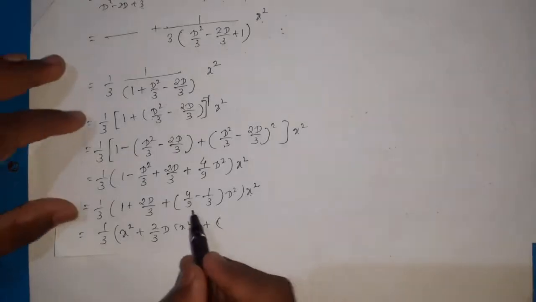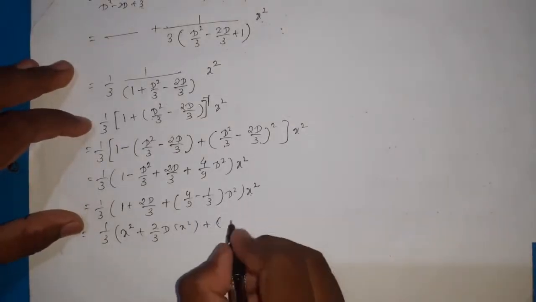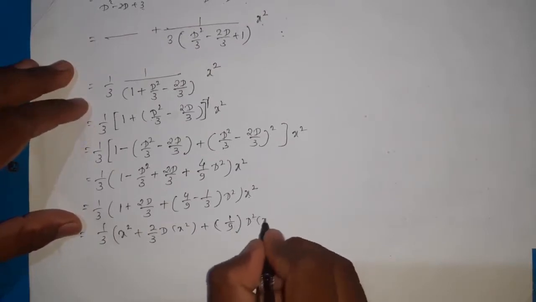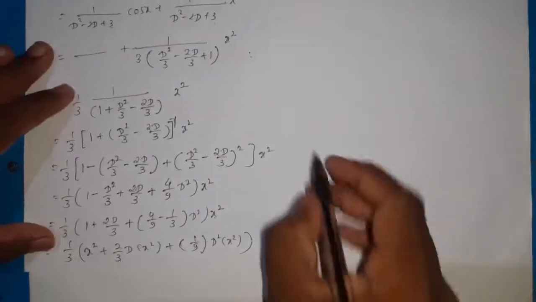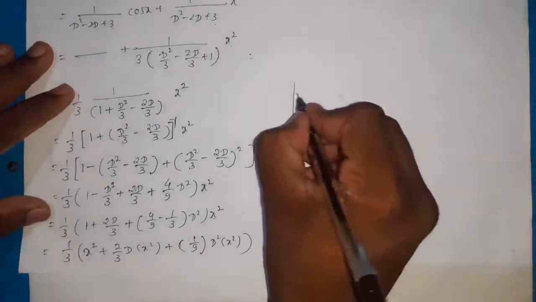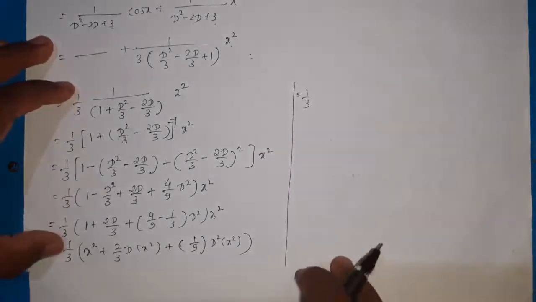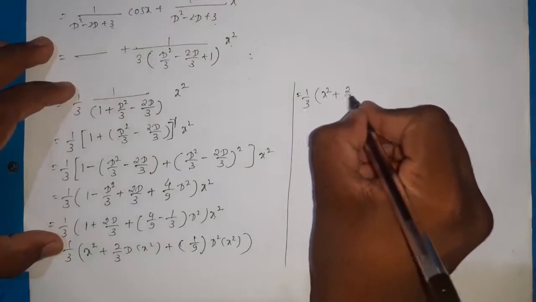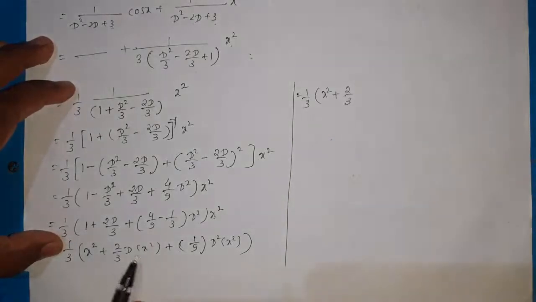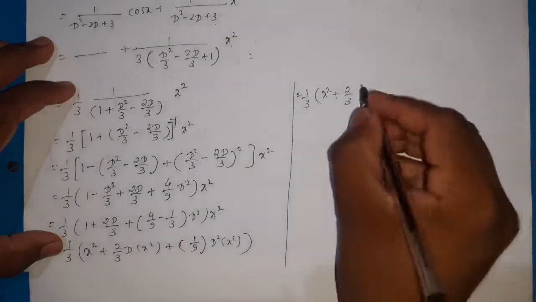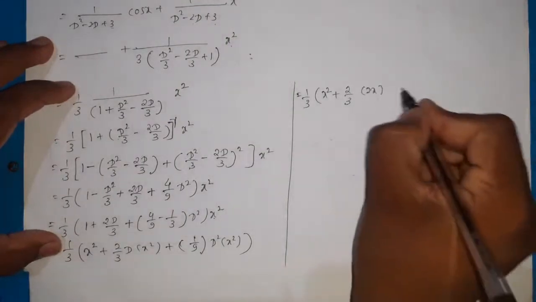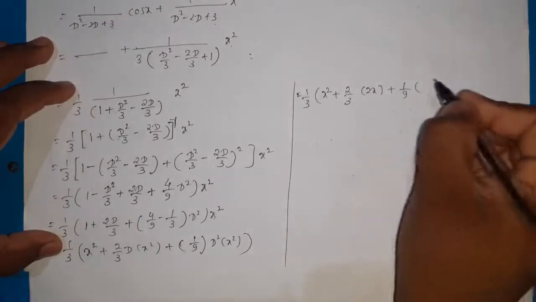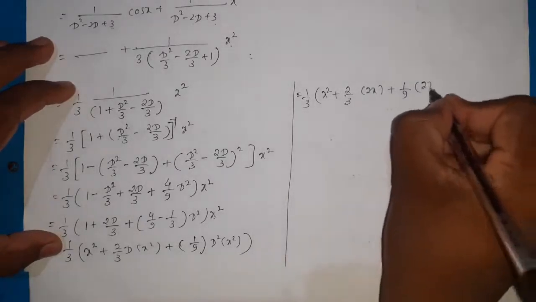So it is 1/3 [x² + 2/3 (2x) + 1/9 (2)], since D of x² is 2x and D² of x² is 2.